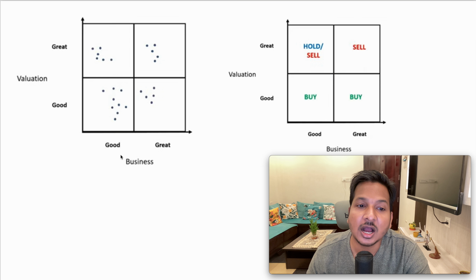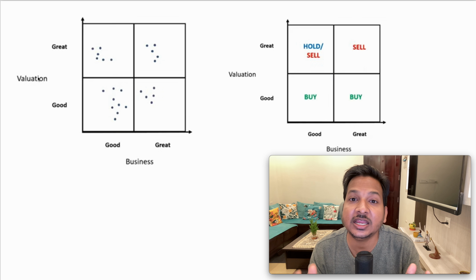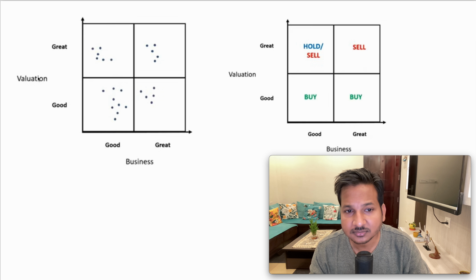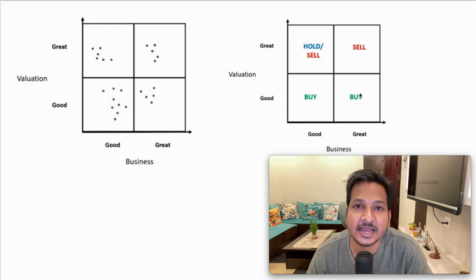Business means either your stock is good or great, like it is growing that EPS phase, or it is not growing the EPS. Based on that you can consider good or great businesses. And valuation is based on whether your PE ratio is 15-20 or it is very high. If your stock lies in these two blocks, you can buy those stocks.